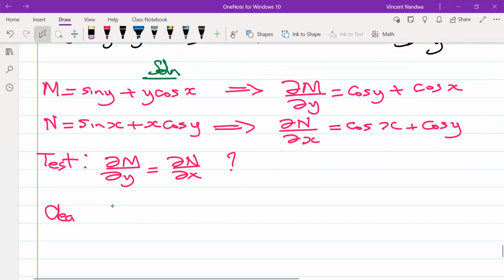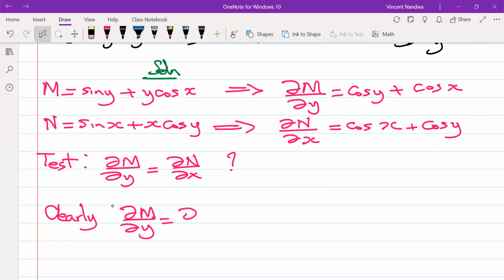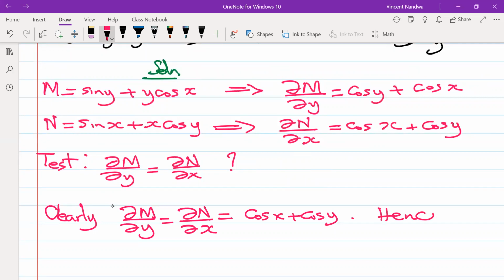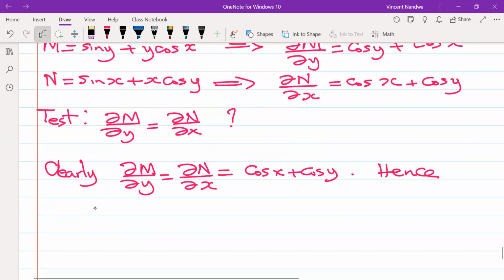So clearly, partial M partial y is the same as partial N partial x, which is the same as cosine of x plus cosine of y. So hence, the given equation is exact.